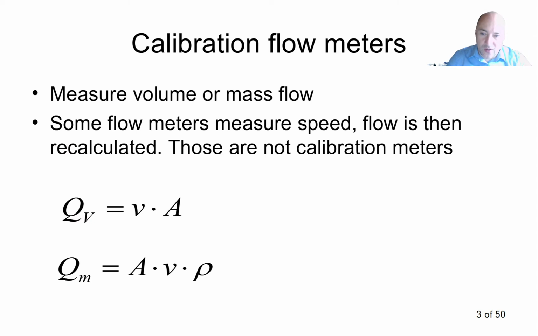So let's take a look at how we can actually do that. It's quite easy. If we have volume flow, we can say it's some cross-section times the speed, and this is the third way how we can actually measure flow. We measure the speed of our substance, and we multiply it by the cross-section.